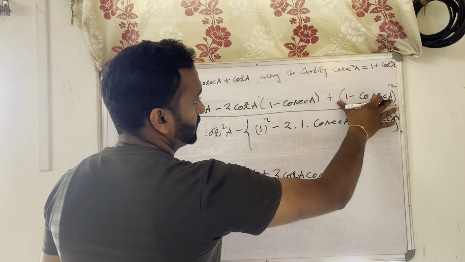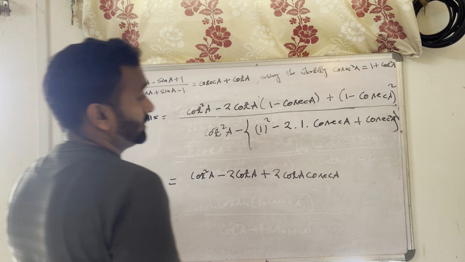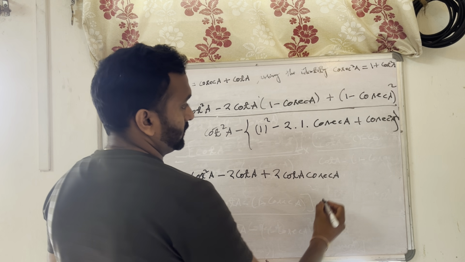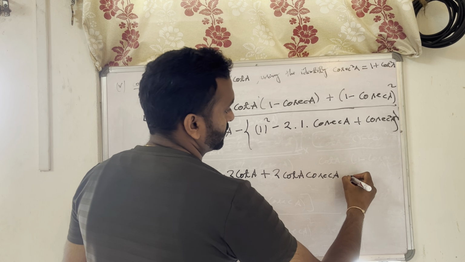Then look at this part. I can use (a minus b) whole squared, yes or no? So let's use it there.